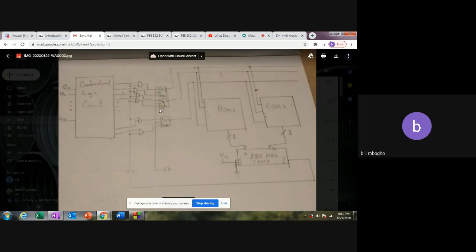Also, the reason I wanted to use JK will come soon enough. It has a combinational logic circuit and JK flip-flops. So the outputs of these JK flip-flops are the ones which are going to be put into our ROM chips, our ROM memory chips.